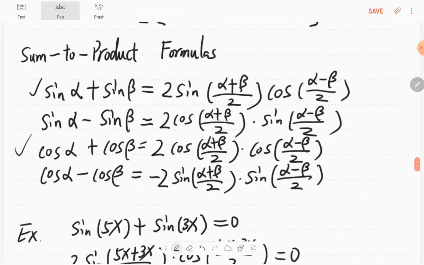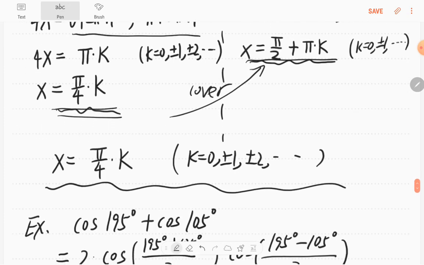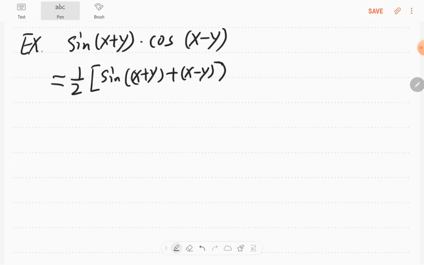We can use the sine times cosine formula, which is equal to 1/2 times sine of alpha plus beta, so it becomes x plus y plus x minus y, then plus sine of alpha minus beta, x plus y minus x minus y.